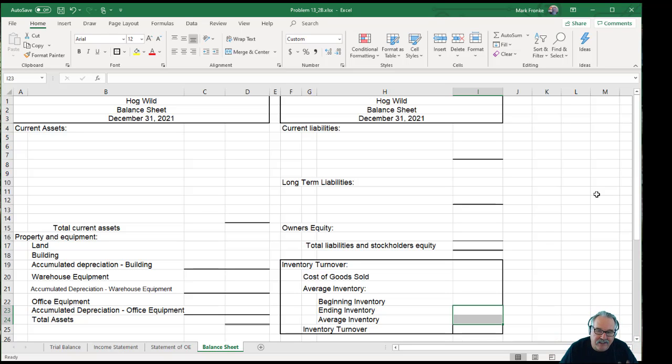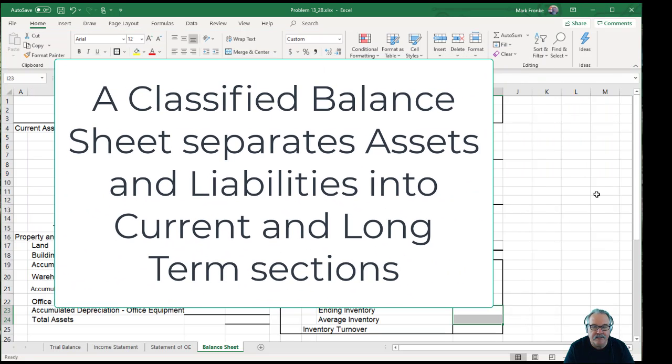Now, this is a classified balance sheet. And what that means, and this is generally accepted accounting principles, says we have to separate current assets from long-term assets. Current assets are things that are going to be used up within 1 year. Current liabilities are things that are going to be paid within 1 year.